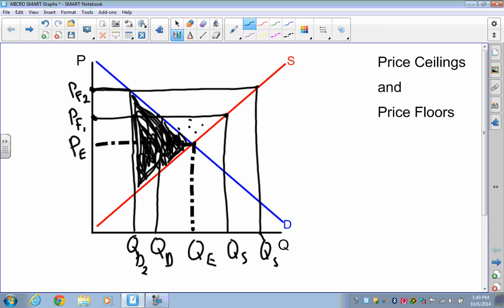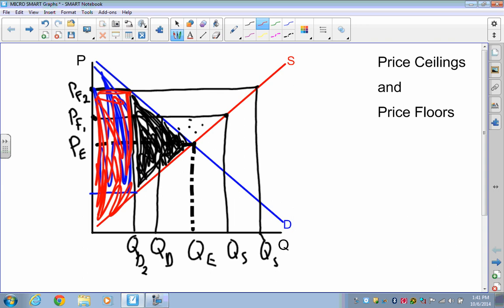Our consumer surplus is now going to be this whole area. It's going to be very large. Our producers, I'm sorry, I did that totally wrong. Okay, since the price is up there now, this would be our producer surplus.